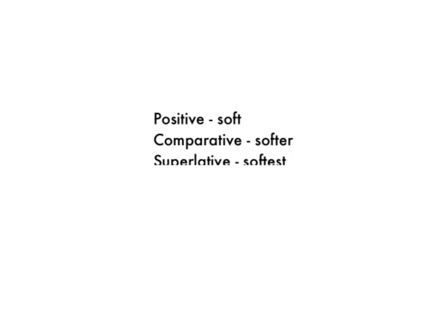Take the example of a one-syllable word like soft. The positive form is soft, the comparative form is softer, the superlative form is softest. So if you're comparing two things and you're saying one is soft, the other is softer, but then a third one is the softest of all.